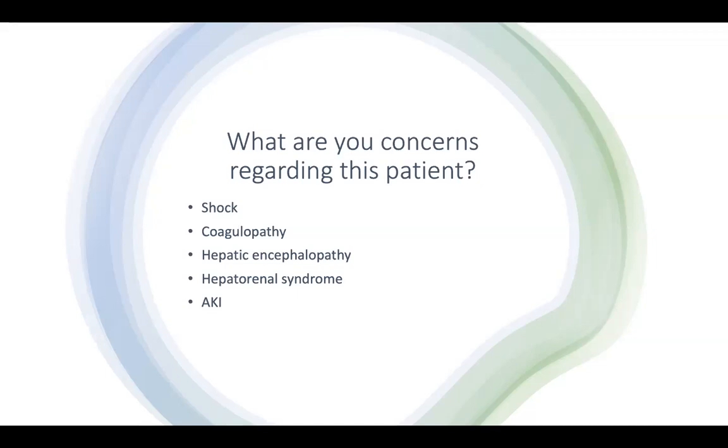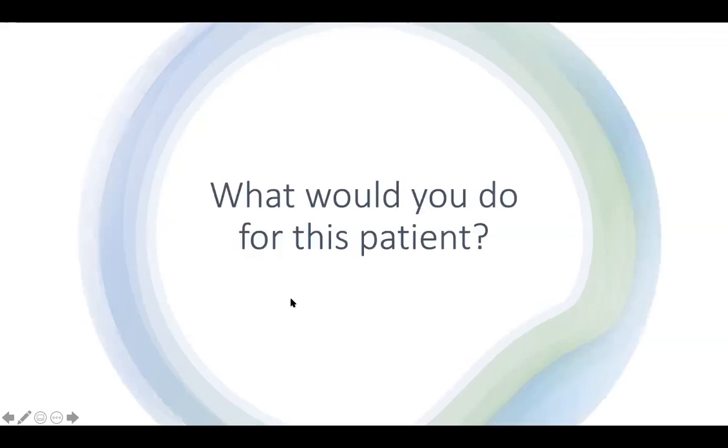So now you can say yes, shock, coagulopathy. When you reach that point, you've done very well in the first part of the station. The examiner knows that you have a system, know what you are saying, and then he will start asking about the physiology and the critical care core questions. So shock, coagulopathy, hepatic encephalopathy, hepatorenal syndrome, and AKI, definitely.